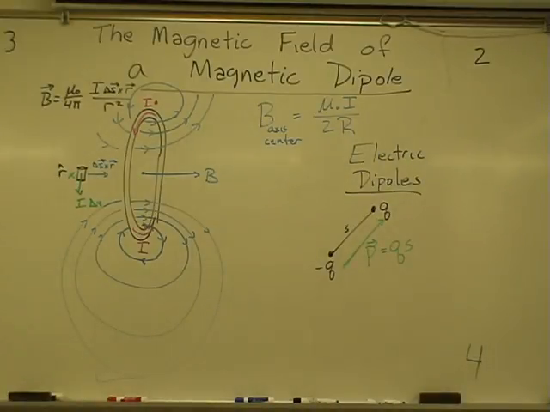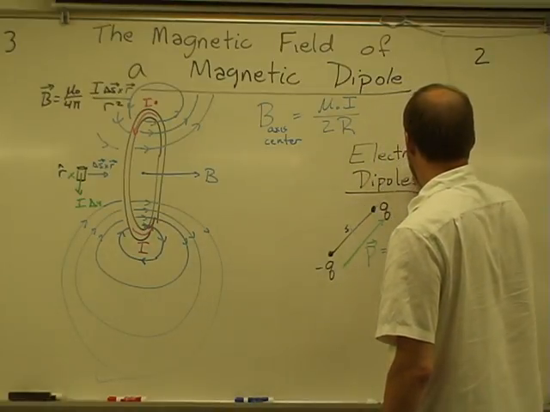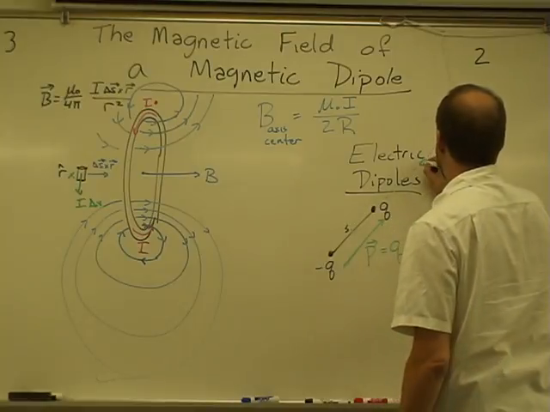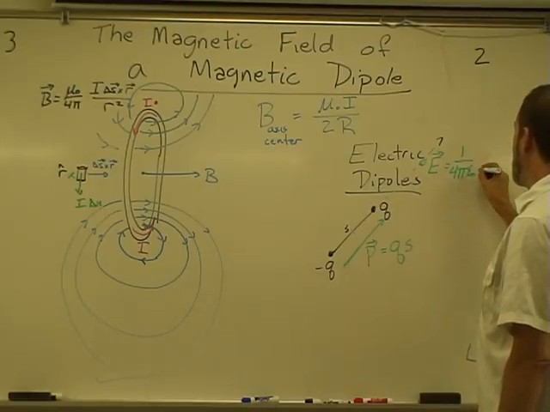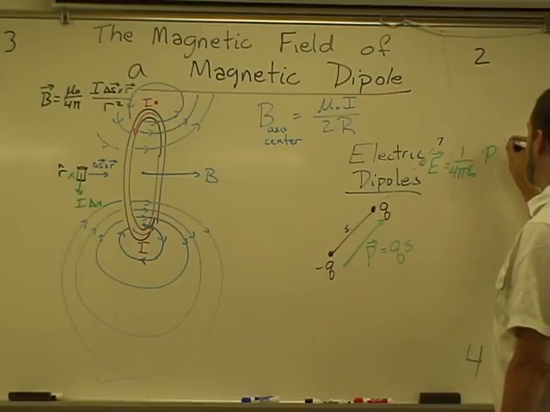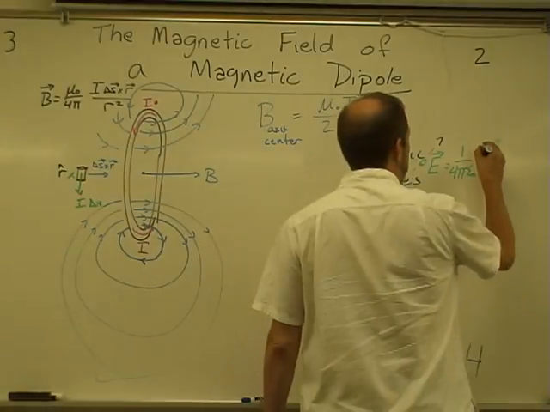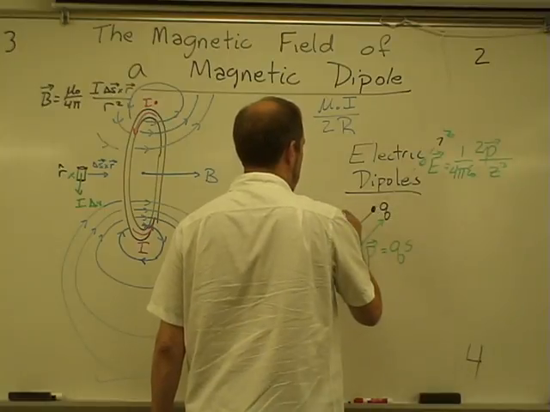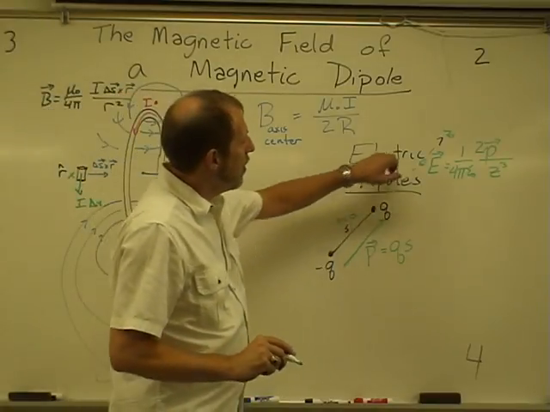Now, if we go back to those points, we have the location of the electric field on axis, which is 1 over 4 pi epsilon naught for space or air, times 2 times that vector P, divided by z cubed, where z is the distance along that on-axis line from the center of the dipole to where we're looking now.